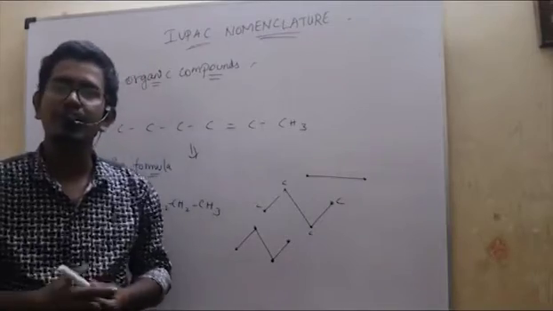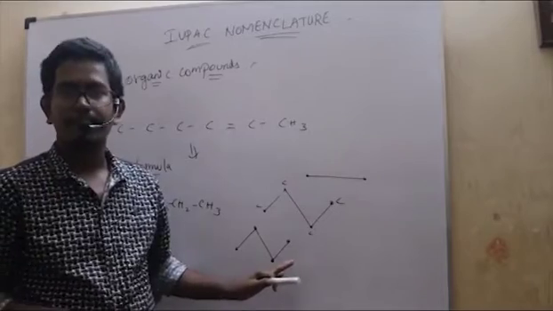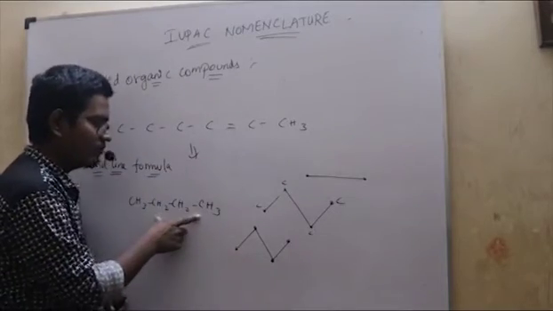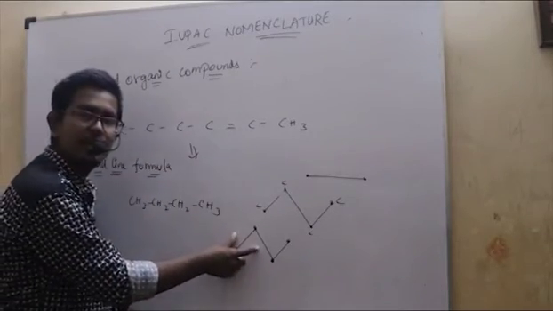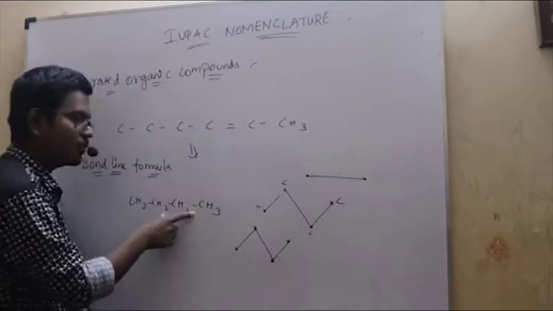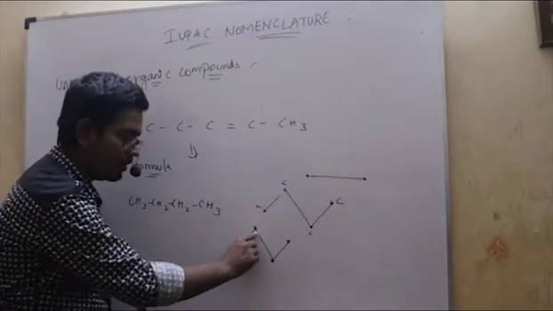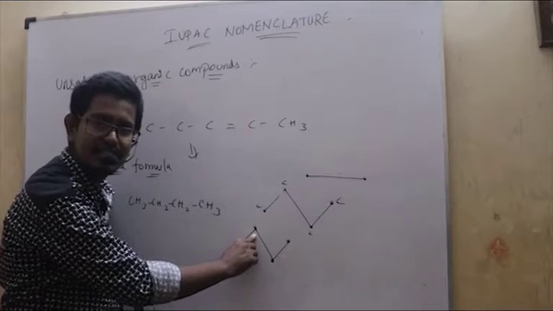So if you are using the Bondline formula method, it will be very easy for you to draw, right? You can see here, there is no need of writing these things if we are able to draw the Bondline formula for a compound. This compound and this compound both are the same, right? So in a compound, you can see this is a straight line.